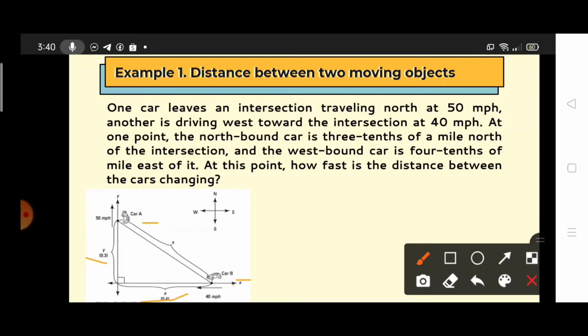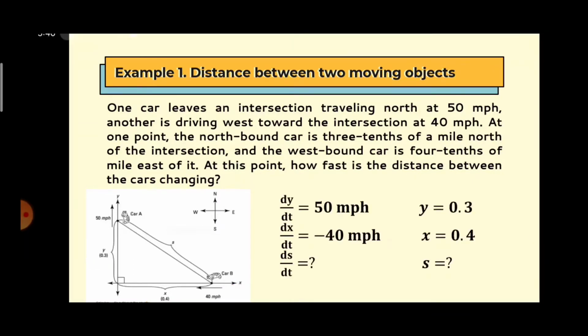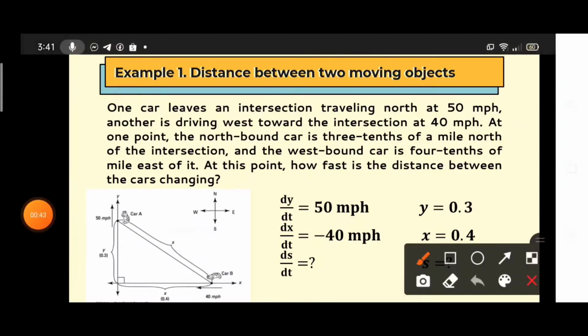Therefore, that is a negative rate, which equals negative 40 miles per hour. So dy/dt equals 50 miles per hour, and dx/dt equals negative 40 miles per hour. So ds/dt is unknown, and we need to find that.